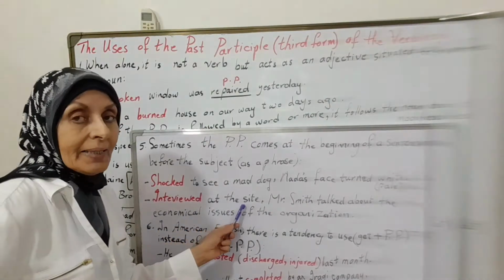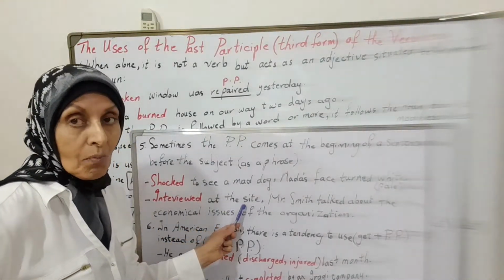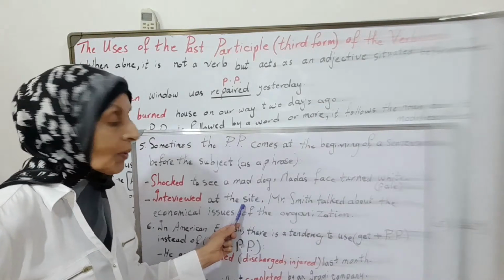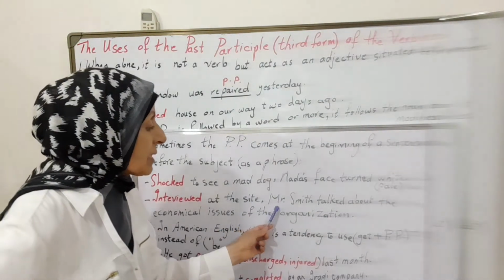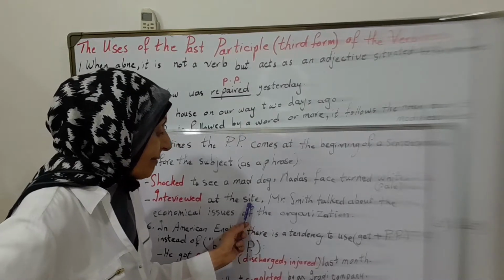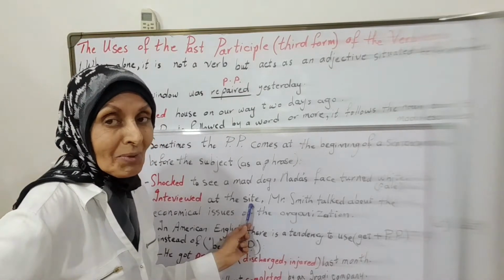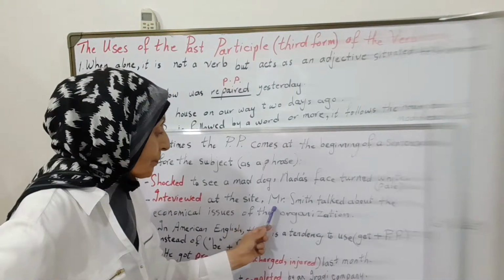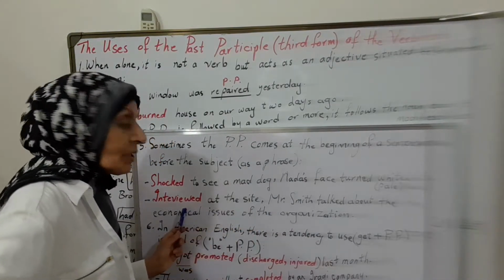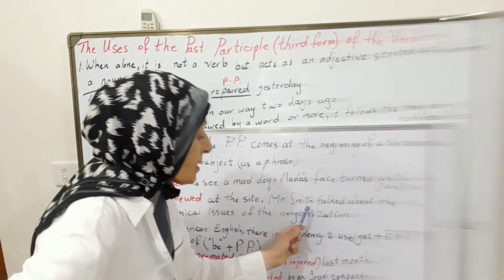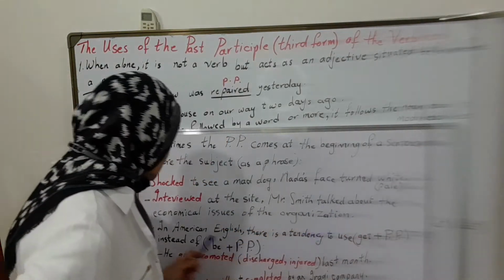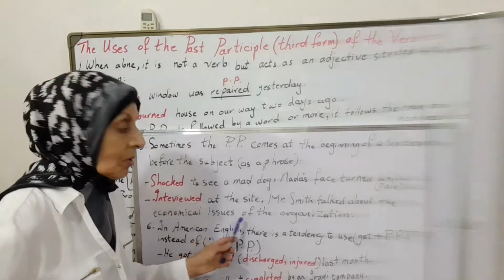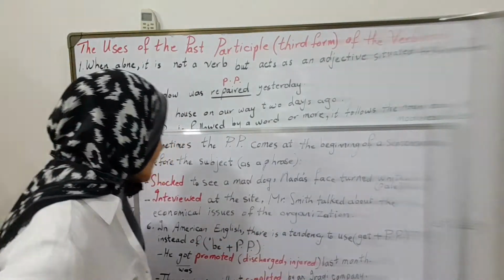Interviewed at the site. تمت مقابلته في موقع العمل. Site, موقع عمل. Not like the site now, which is website. Before, it just meant موقع العمل. So, interviewed at the site, Mr. Smith talked about the economical issues of the organization.